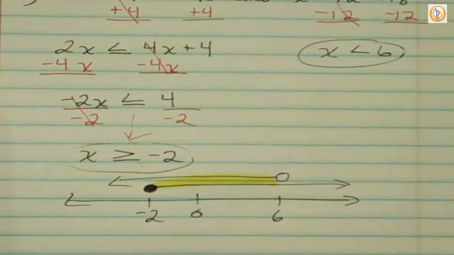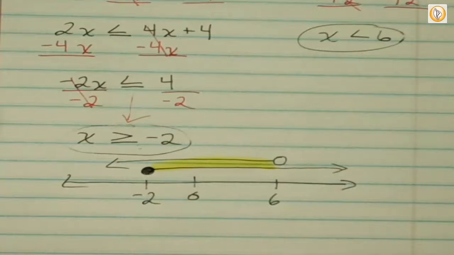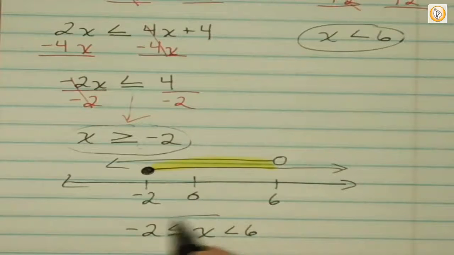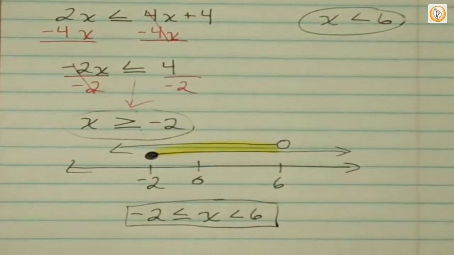So Gabby, what would my answer be? Negative 2 is less than or equal to x. And x is less than 6. There you go. This is the answer they're looking for. Very good.